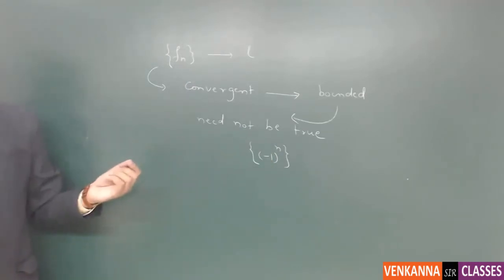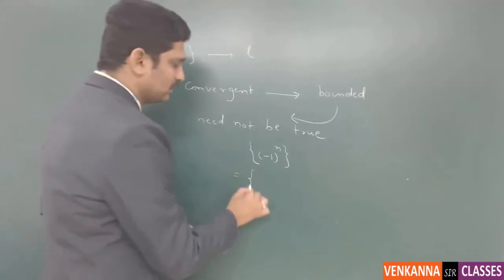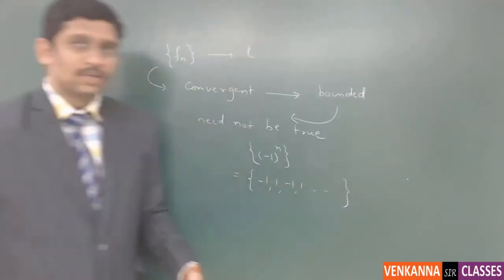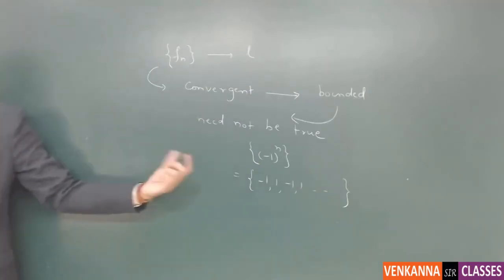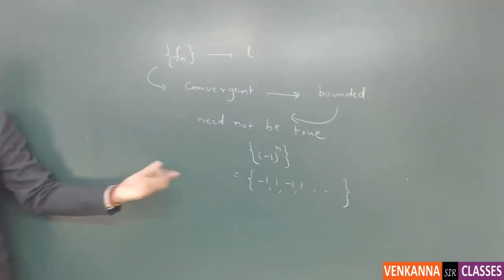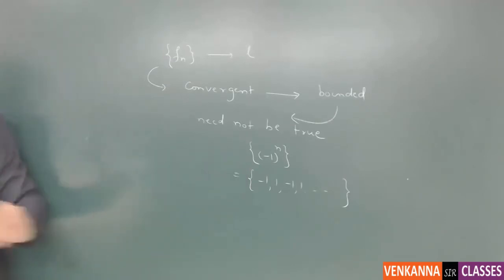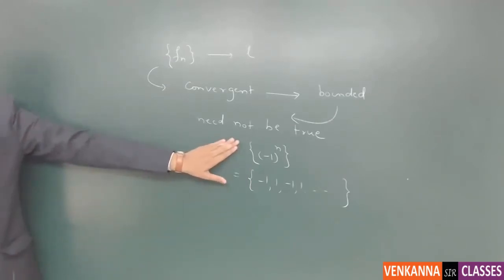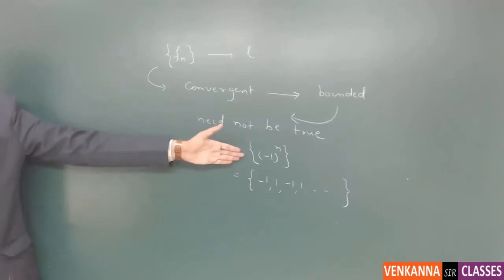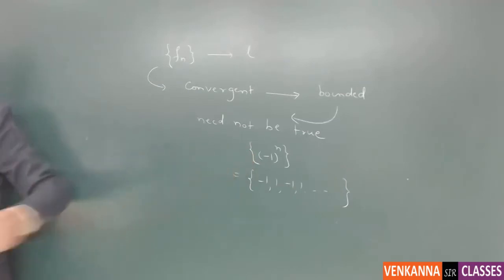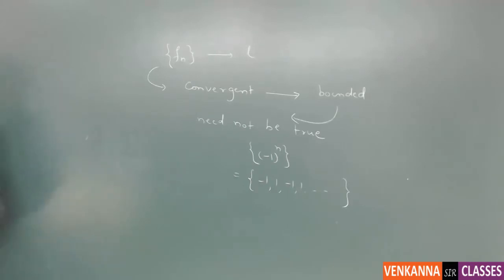If you write the terms of the sequence, it will come as -1, 1, -1, 1 and so on. So you can say that the sequence is oscillatory. You cannot say that it is tending to a fixed value, but it is a bounded sequence because it has greatest lower bound -1 and least upper bound 1. Is that clear? Fine.